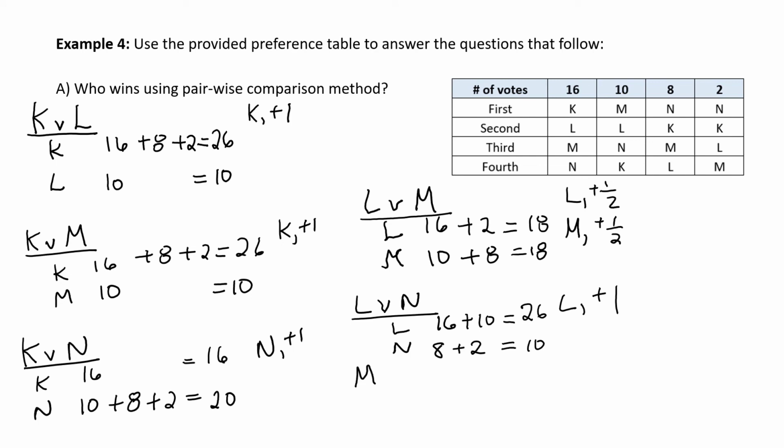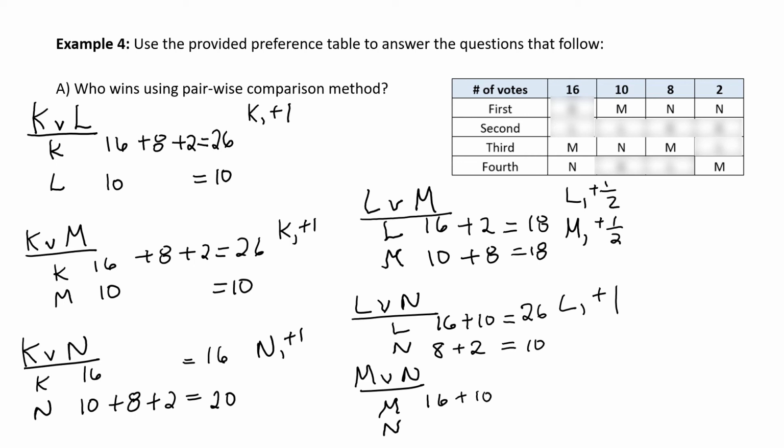That is, we need to do a competition between M and N. Between M and N, on the first ballot, M wins, so M gets all 16. On the second one, M is in first place, so M gets all 10 of those.